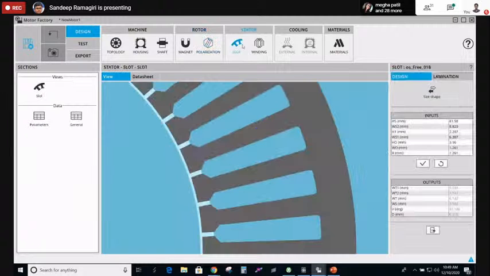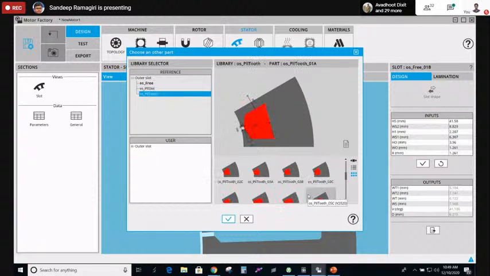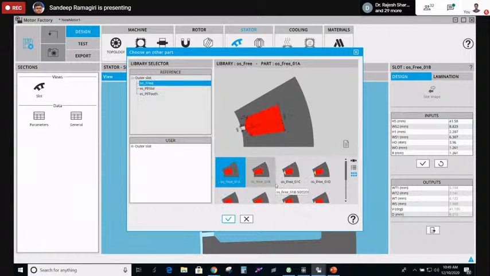Stator first is the slots, and I can select the slots. These are the slot shapes, standard slot shapes are available, you can see. If you want to bring your own shapes of the slots or magnets, you can also do that. For example, let me select OS free, and then OS free 3A.